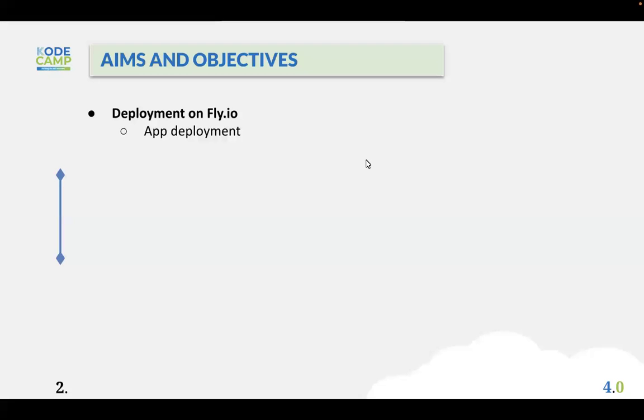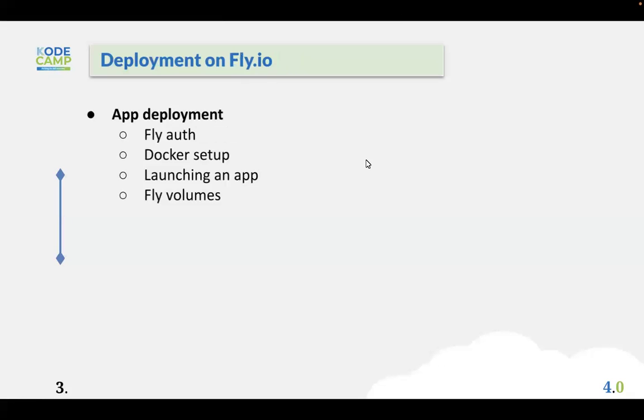What we will do is continue with the one we built with Nest.js. We deploy it and then persist data with it using Prisma. In order not to waste time, that is what we'll be doing. First of all, we authorize, we set up Docker, we launch our app, and then we persist data. We set up volumes and persist our data.